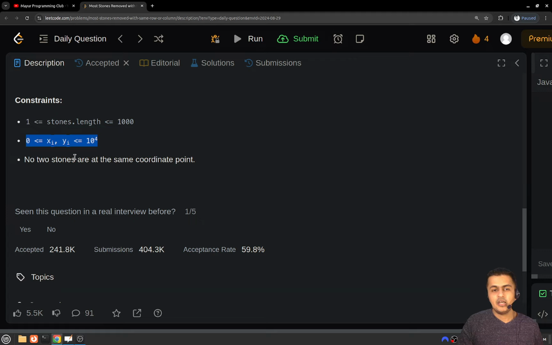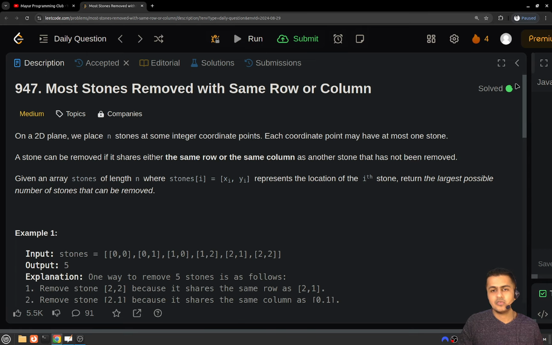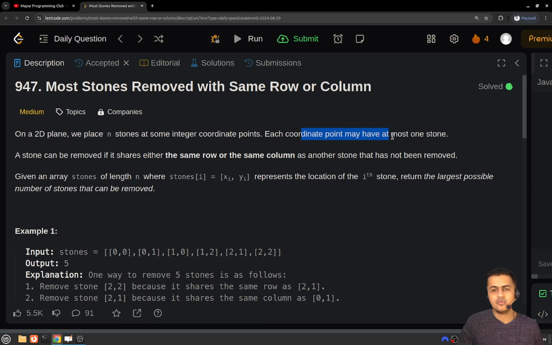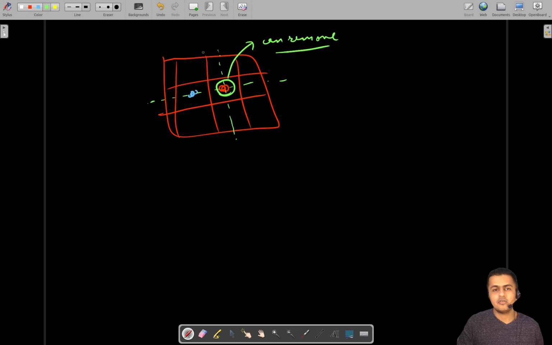And it is mentioned that no two stones are at the same coordinate point, as it was already mentioned that there will be at most one stone at each coordinate. Now let's think of an approach for how we can solve this.